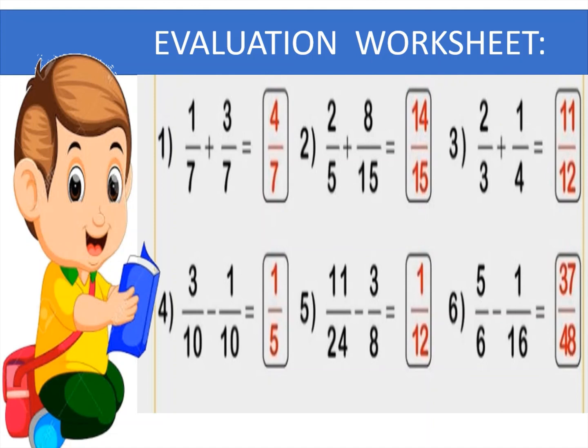But if it is unlike fraction like 2 upon 5 and 8 upon 15, take the common denominator, that will be 15, convert it into equivalent fraction, then add. You will get the answer 14 upon 5. Continue with the same steps told to you. I hope you are finding no problem.